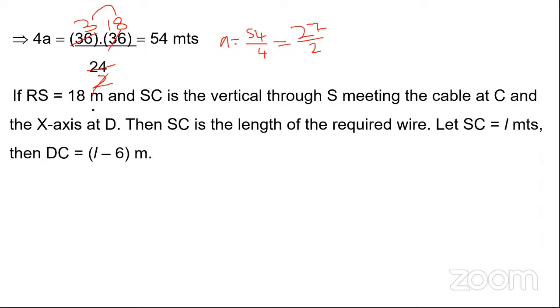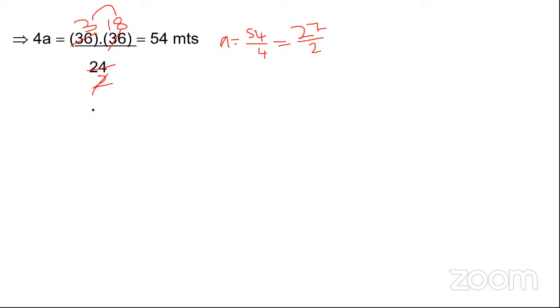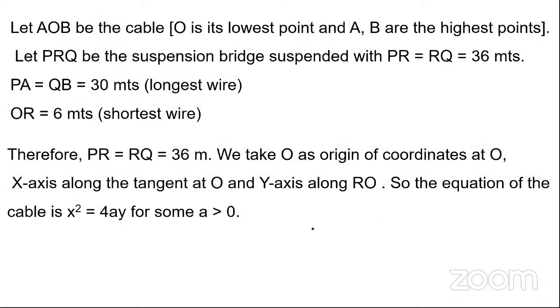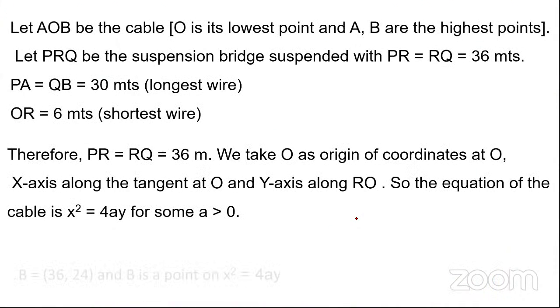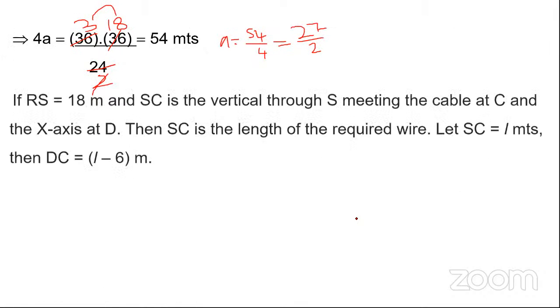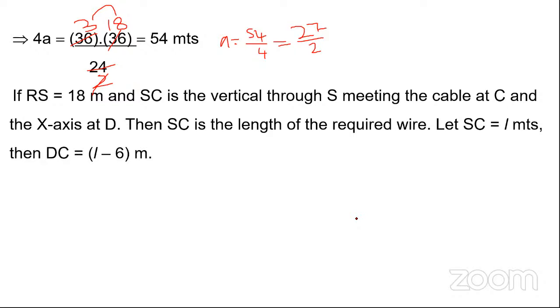I'm taking R and S, and SC is the vertical through S meeting the cable at C. The vertical line meets the x-axis at D. Then the length SC is the required wire.